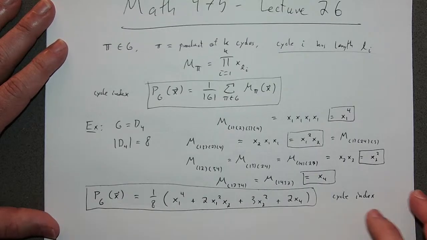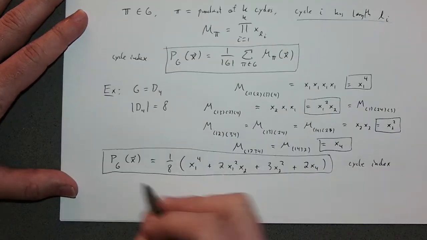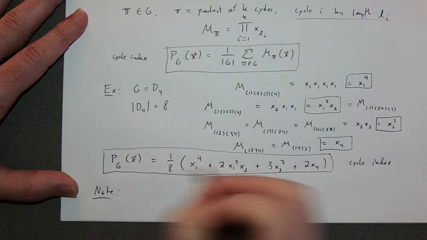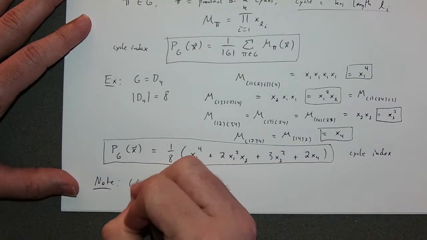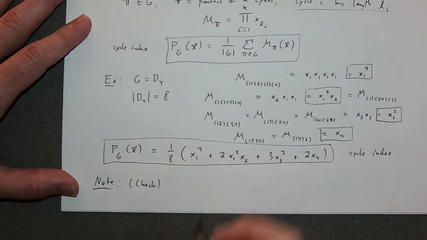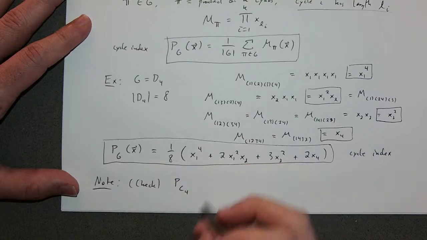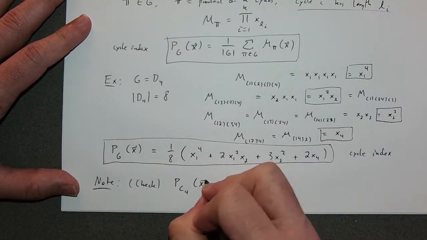Now, what if I did this for, let's check here. What would the cycle index be for the cyclic group on 4 vertices?